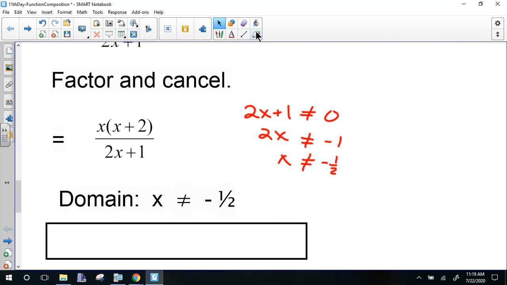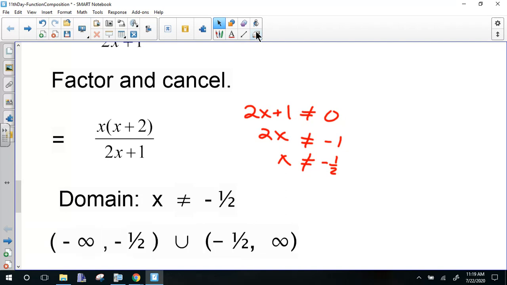So to write that in set notation, it's negative infinity to negative 1/2 in parentheses, union negative 1/2 to infinity in parentheses. So that's an example of adding, subtracting, multiplying, and dividing functions.